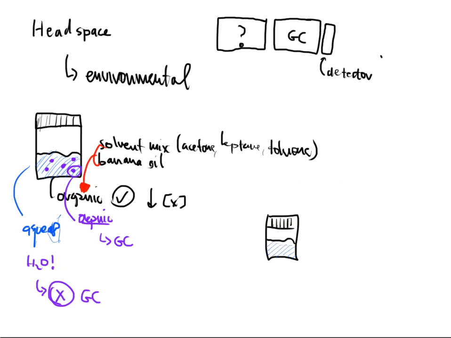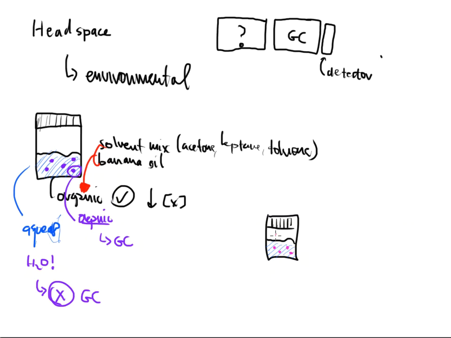And if I just let it sit, some of these compounds that I want to measure on the inside of that water sample could be volatile. They hate the water. So if they can find an escape point, then they will leave that water sample and they could start to crowd up in the top part of that container.